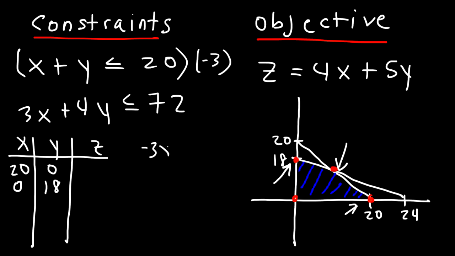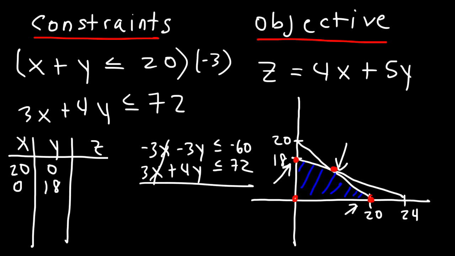So it's going to be -3x minus 3y is less than or equal to -60. And then I'm going to rewrite the second equation right below it. So 3x will cancel, and -3y plus 4y, that's y, and that's less than or equal to -60 plus 72, which is 12. So y is 12. At least that's the maximum value of y at that point.